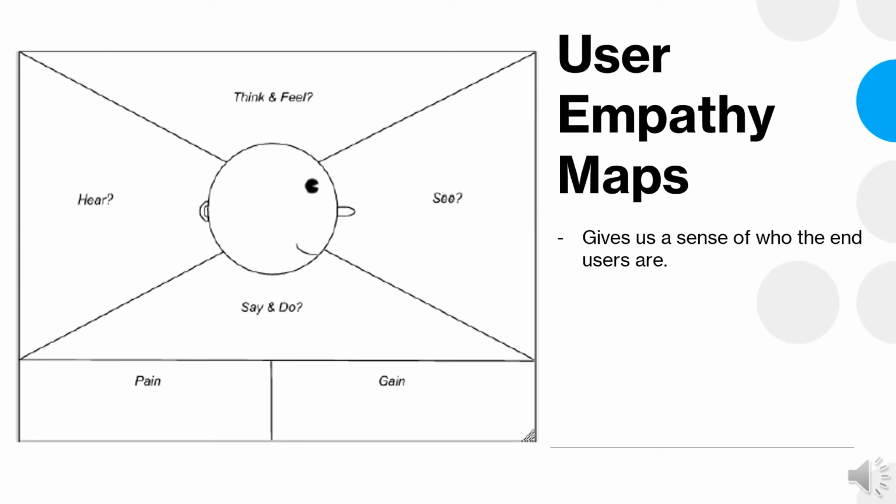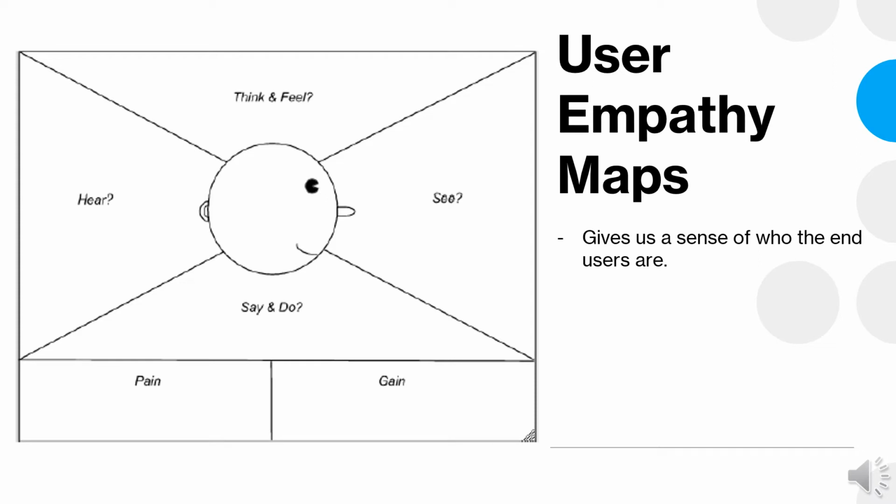So first off, user empathy maps. We use user empathy maps because they give us a sense of who the end users are. We already know who our end users are because we've already conducted the entire initial research that we did a couple of videos ago, but here we get a sense of who our end users are in terms of what do they hear, what do they see, what do they want to say or do, and what is it that they think and feel.